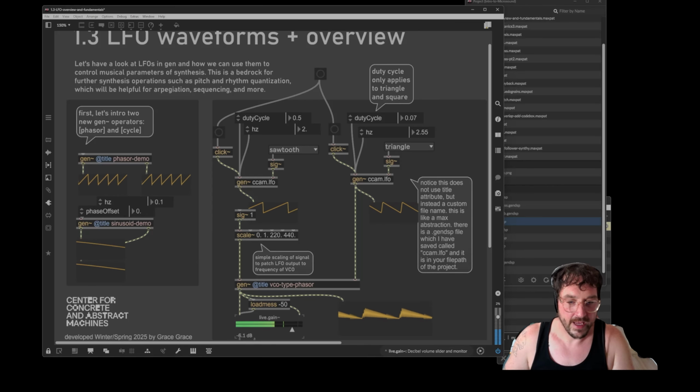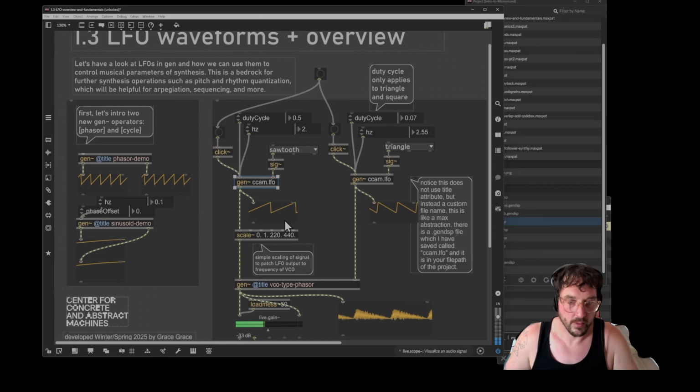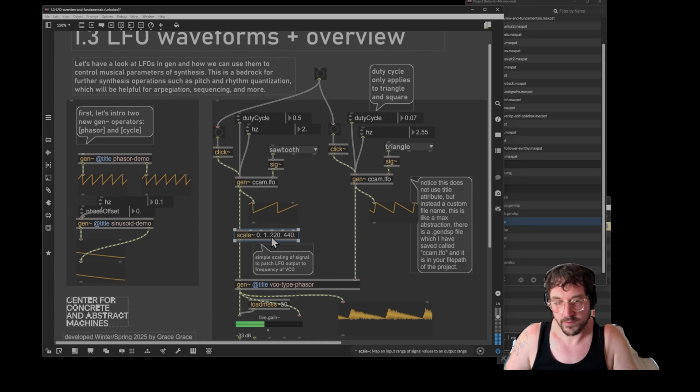Okay, so we have amplitude modulation, that is rocking, but we can also automate frequency. So I'm going to take this waveform, which is coming out of an identical LFO. It's going between 0 and 1. That waveform I'm scaling to a frequency value.